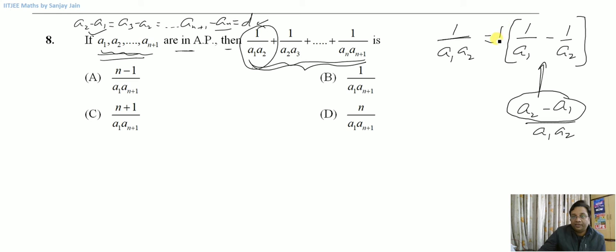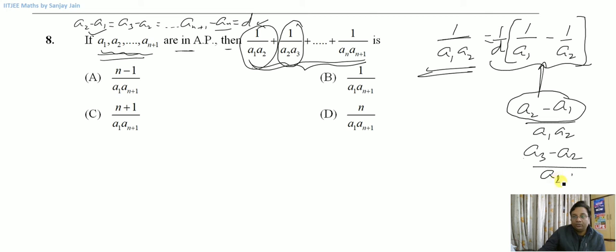So if I write 1 by d here, where d is the common difference, then the left hand expression and right hand expression are both the same. Similarly, for this one I'll have A3 minus A2 in the numerator, divided by A2 A3. Then I'll have to multiply it with 1 by d to balance it.